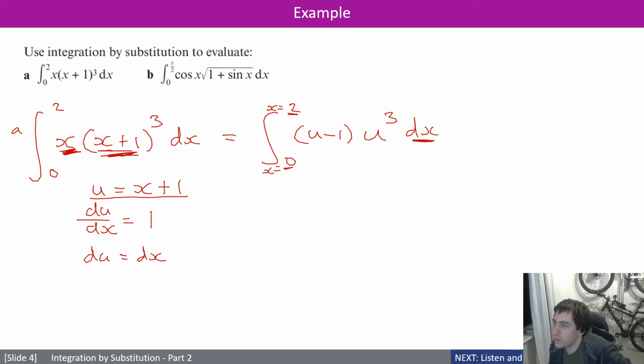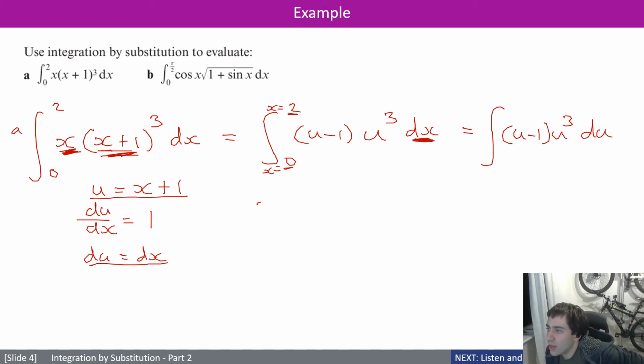So let's do the change now. The expression is still in terms of u. dx is just the same as du, so we can easily change it, but now we need to change the limits. When x equals 0, what is u equal to? When x equals 0, u equals 1.